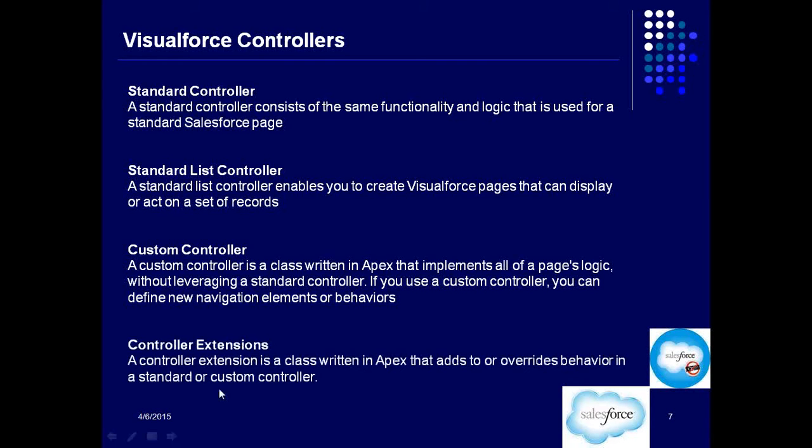A controller extension is also a class written in Apex. I told you earlier that the controller part will be done using Apex. This controller adds to or overrides behavior in a standard or custom controller. So a controller extension is something which can be combined with a standard controller.